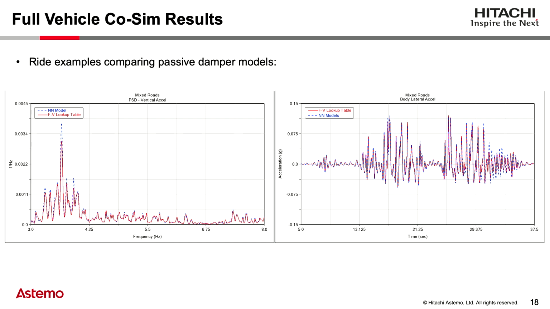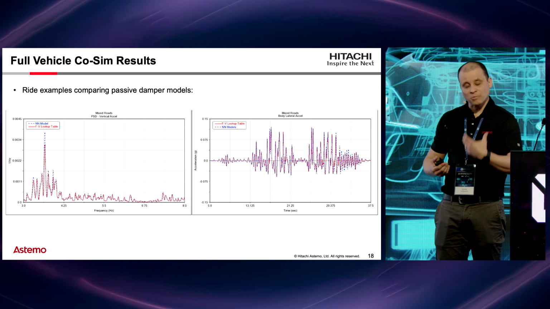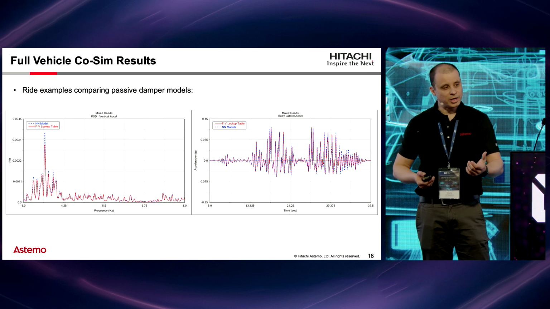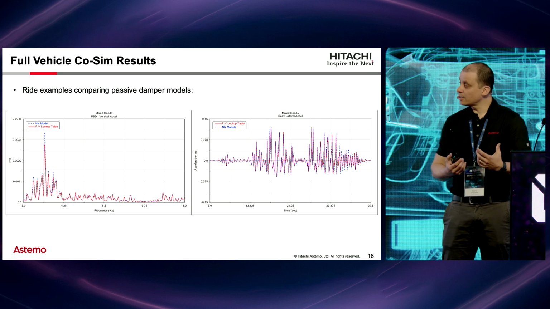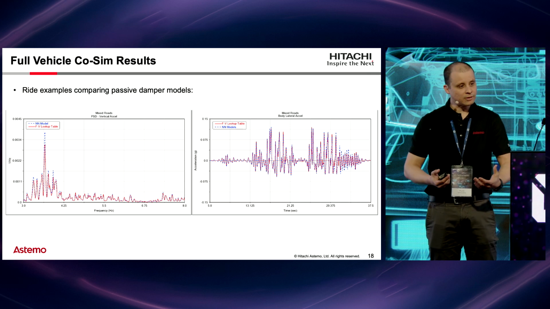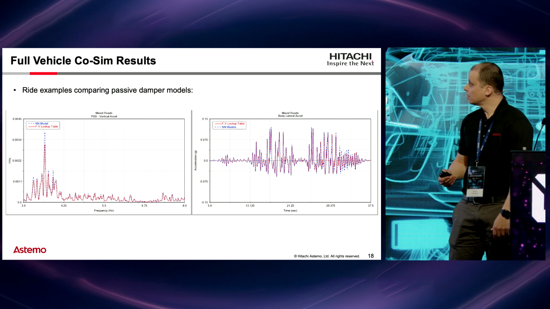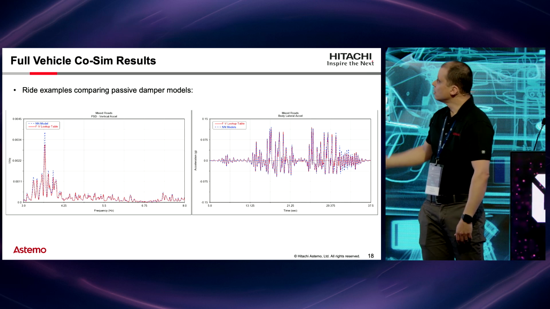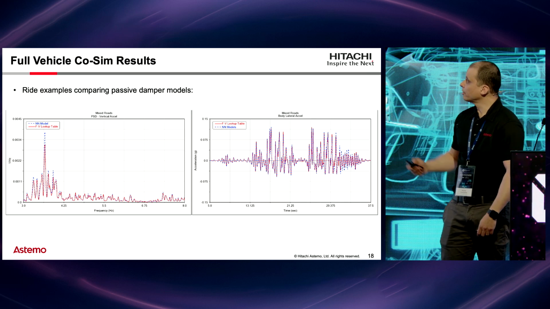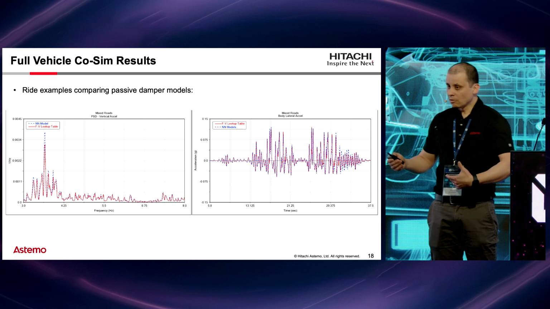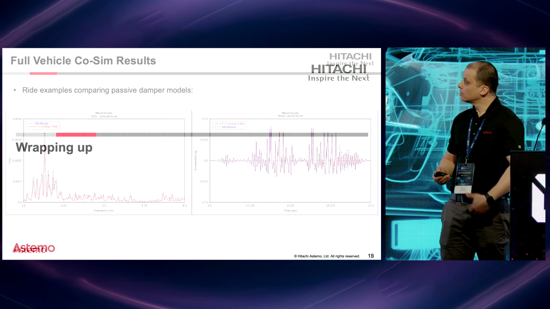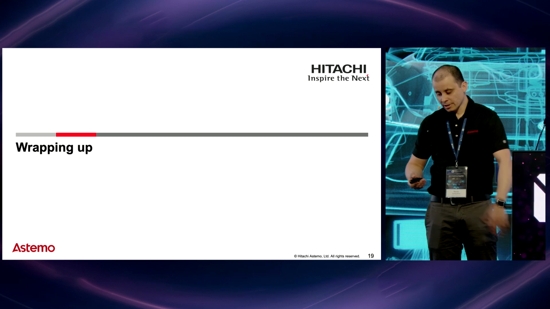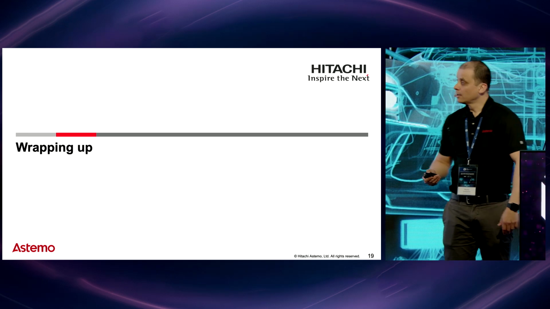And after we provide them to the OEMs, we just hear, oh, I overcooked the damper because I asked for too much force that I didn't need, because I could see this in the simulation. So we understand this as a pain point that we can address with this kind of model. Over here, we can see some lateral body responses as well. So we can capture the difference on most of those kinds of metrics.